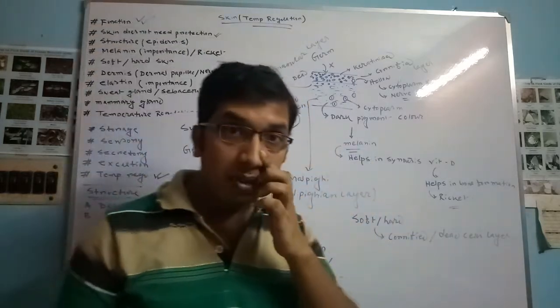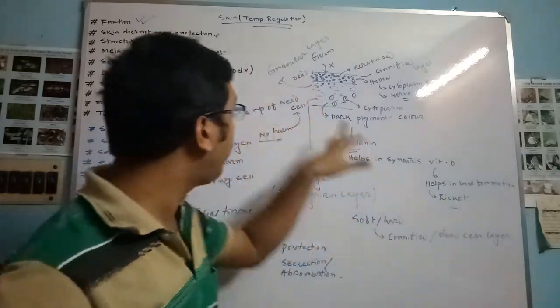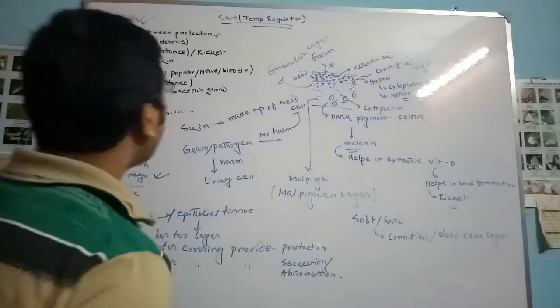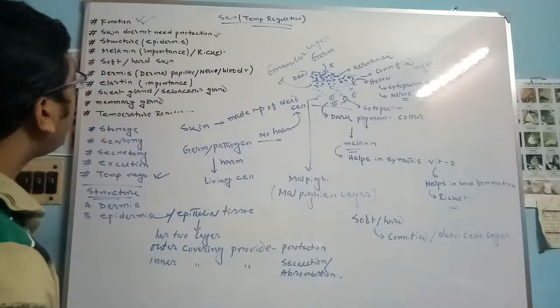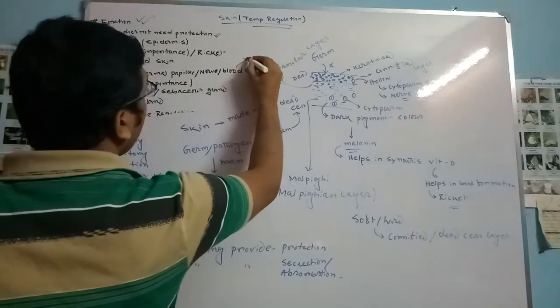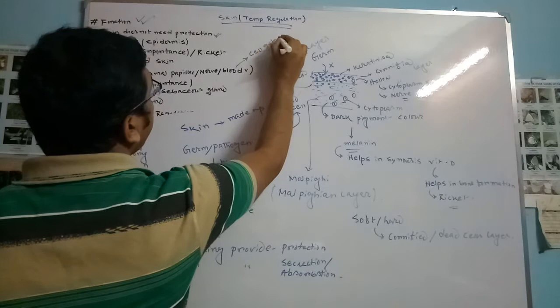And here is the blood supply, because blood vessels are present here, and due to the presence of blood vessels, the cells get nutrition.